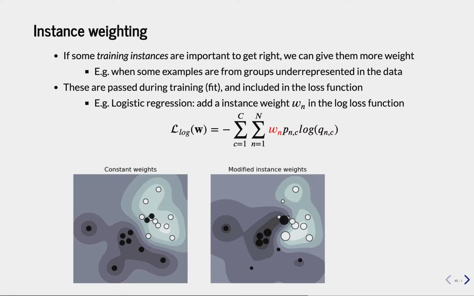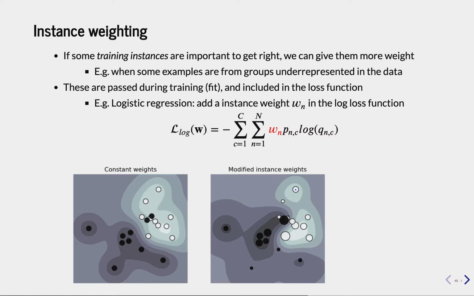We can do the same with instances as well. So if we have certain instances, individuals really, which are likely going to be misclassified because they are outliers or they are deep inside a region where you would not expect it, but you know it's true, you can give them more weight.